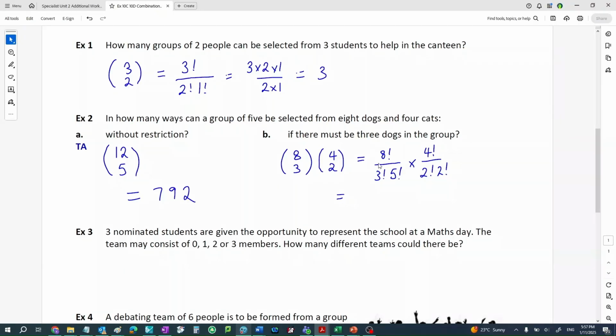Now this is 8 times 7 times 6 times 5 times 4 times 3 times 2 times 1. This is 5 times 4 times 3 times 2 times 1. Kind of like up here where the 2 by 1 over the 2 by 1 cancels. So if I just look at 8 factorial over 5 factorial, that's just going to be 8 times 7 times 6, and then all the rest will cancel. And on the bottom, I've got 3 factorial, which is 3 times 2 times 1, which is 6.